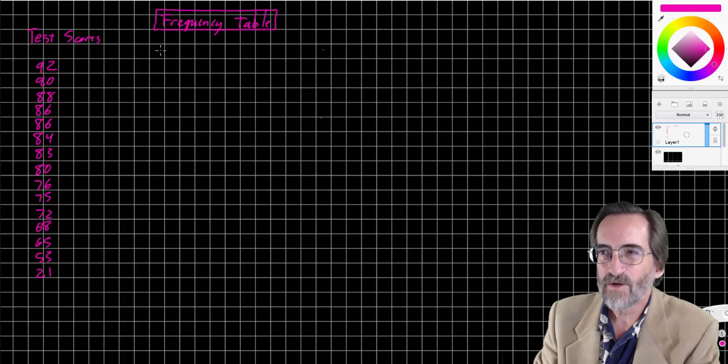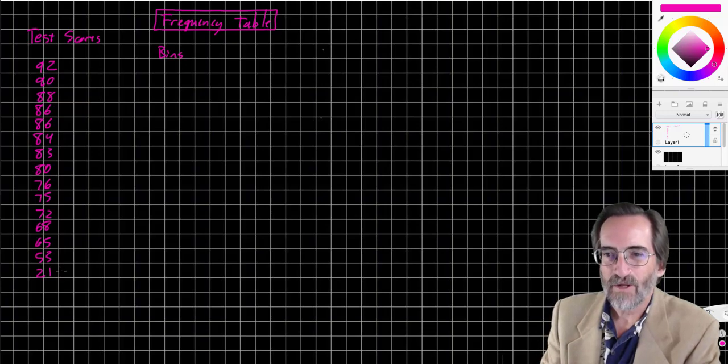So we create something called categories or bins. Okay, and first thing I'm going to notice, my lowest score is 21 and my highest score is 92, so my bins need to cover that. And so I'm going to go with it like this.